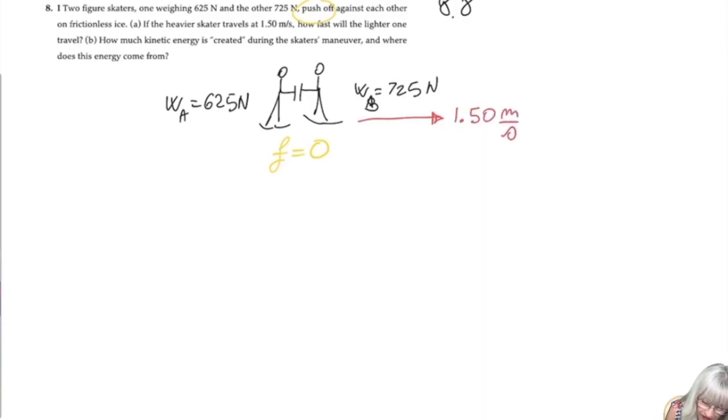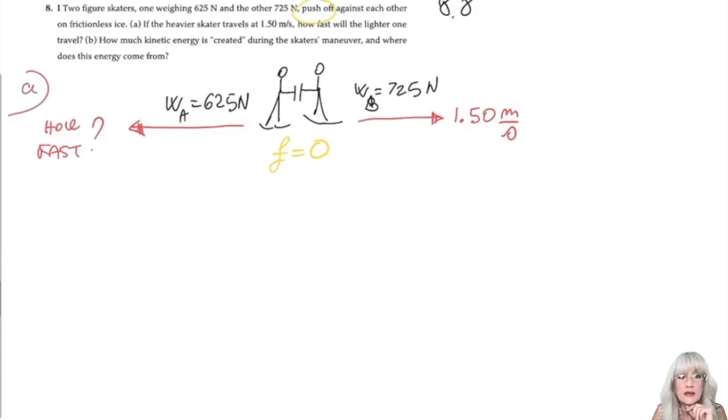We want to find how fast this person A is moving also. So in part A, that's what we want to find: how fast the lighter one will travel.